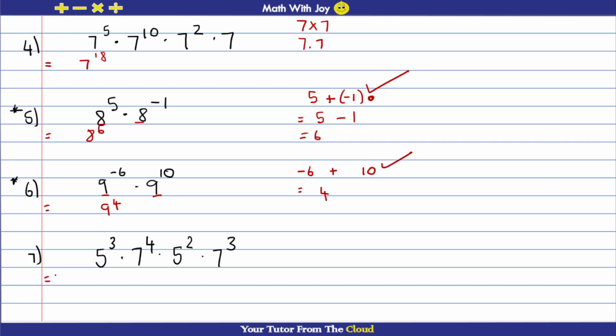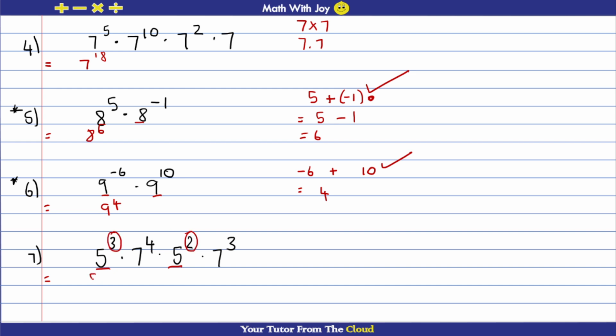Then over here, it says same bases, only the 5 and the 5 have the same bases, and everything is just multiplying here. So technically, the 5 and the 5 are also multiplying, right? So everything is multiplying because you just got times, times, times here. So the 5's can multiply together, and then I can add their exponents.